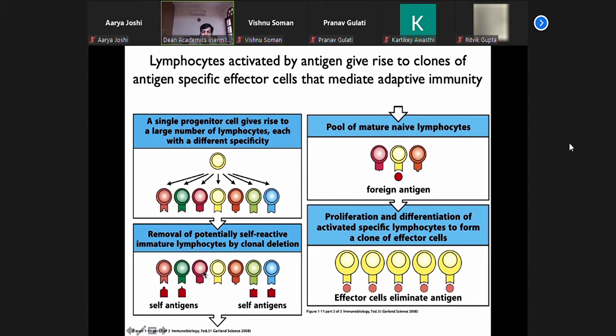It's clear? Nikita, yes sir, is it clear? Yes, sir.